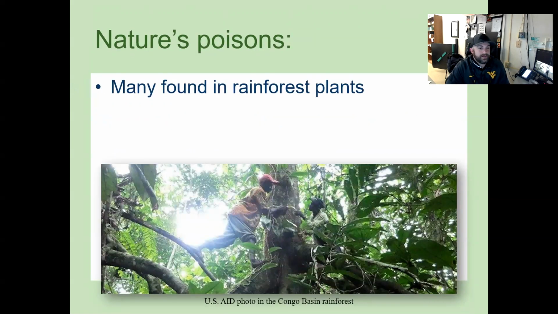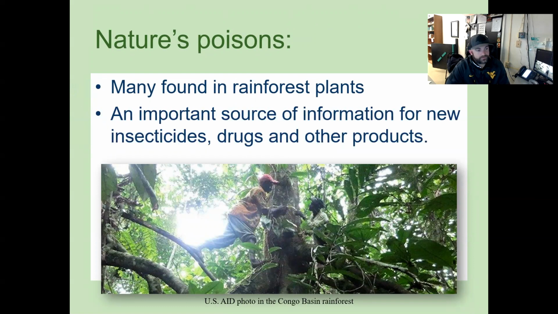Nature's poisons, many found in rainforest plants, are an important source of information for new insecticides, drugs, and other products. So there are a lot of researchers down in the rainforest looking at various plants, learning about their properties, and then being used in various items.